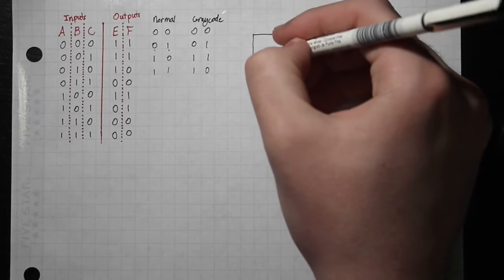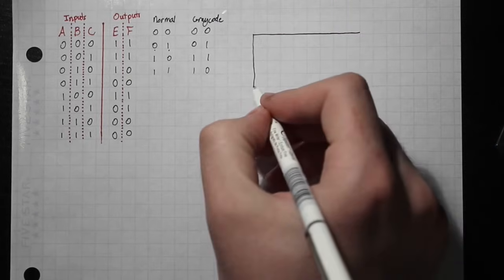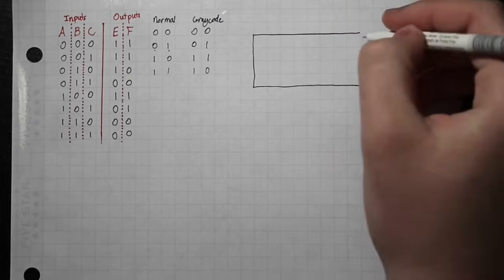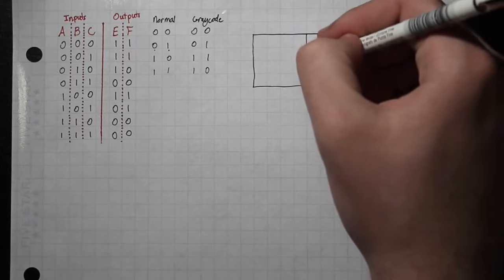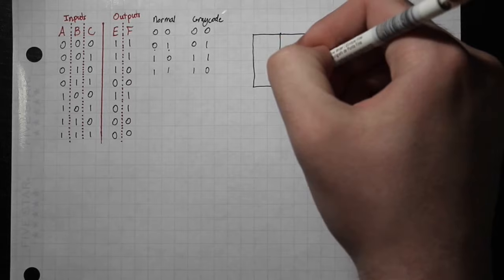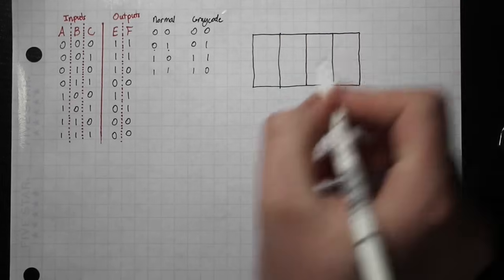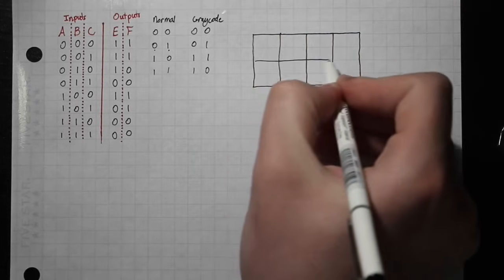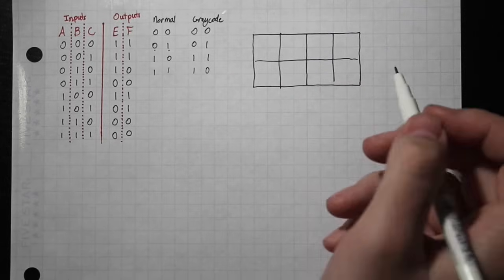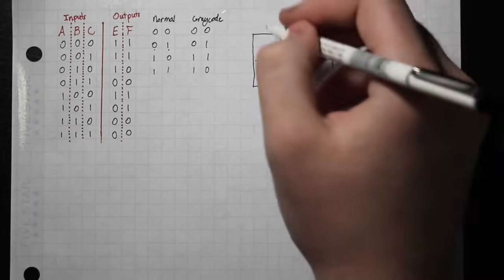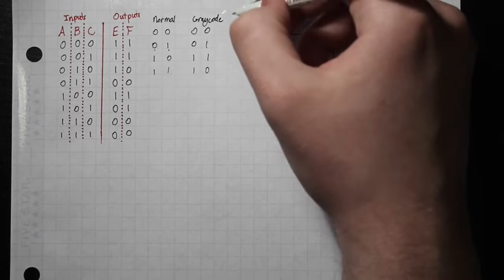And then we'll do 4 squares tall, and then separate this. Now we could have also done a 2x4 grid, so it would have been like this but rotated. It doesn't really matter the way that you do it, as long as your labels match up. You'll see what I mean in a second.